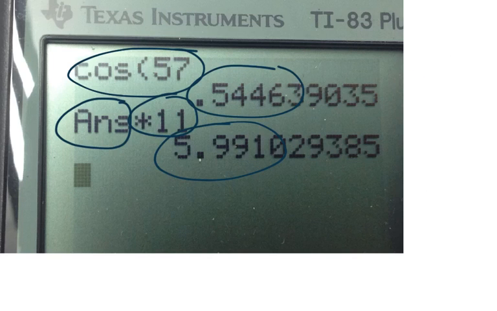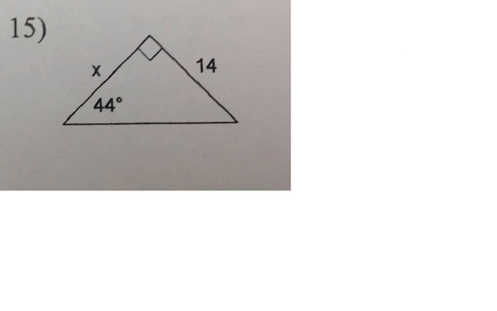Okay, one final one here, guys. So notice on 15 here, guys. Here's my 44-degree angle. X is adjacent. 14 is opposite. What function uses opposite and adjacent? TOA tells us opposite over adjacent is tangent, right?